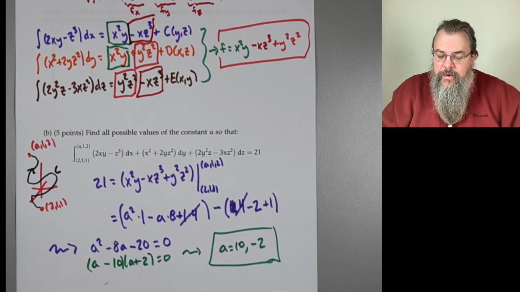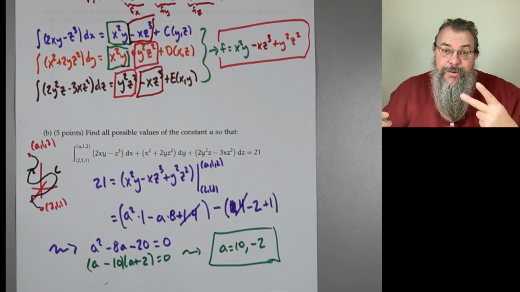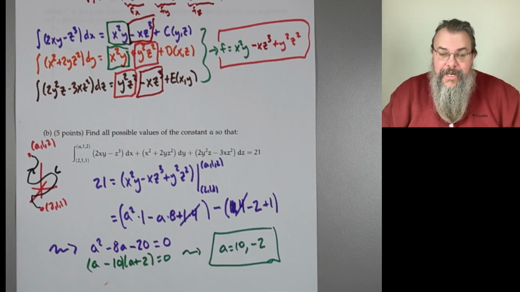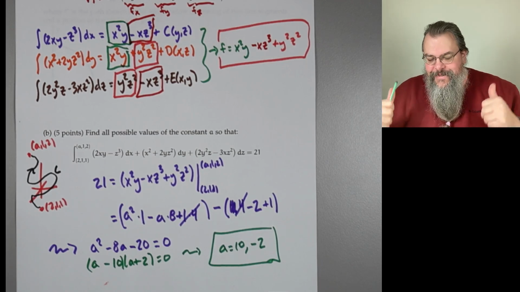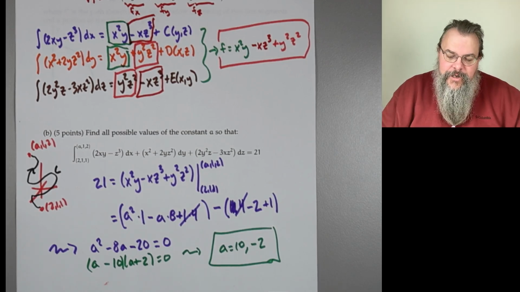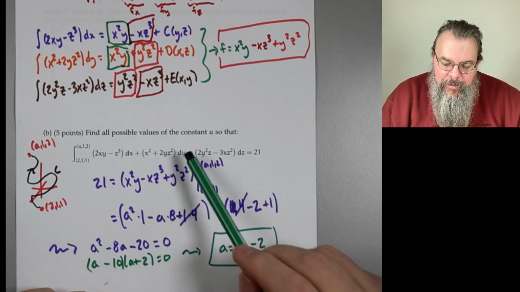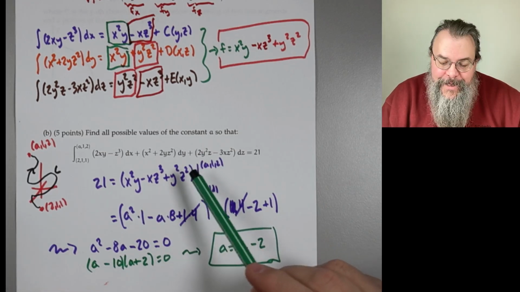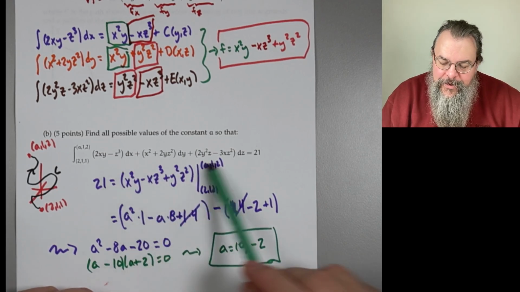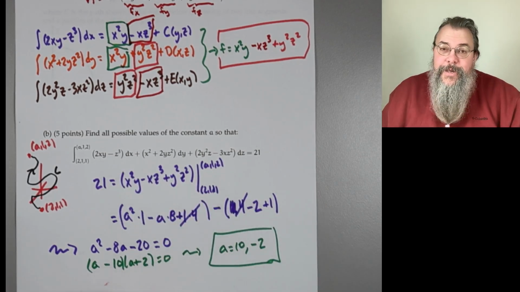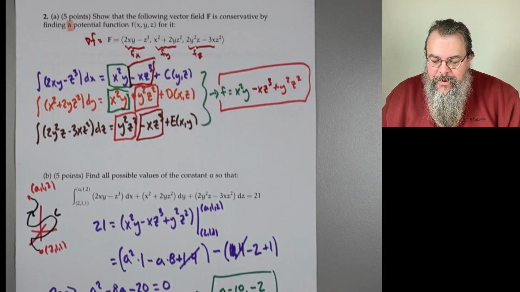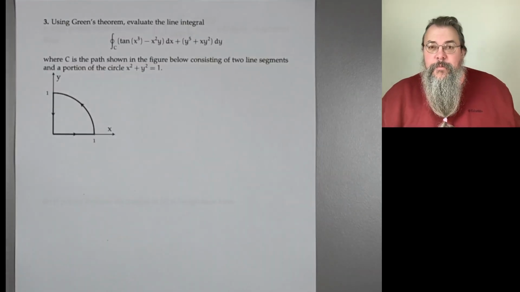So it turns out for all possible values, there were two of them. And there they are, 10 and negative 2. Woohoo! Nice, fun. And of course, the main thing here, fundamental theorem of line integrals. Look for those conservative functions, then you don't need to worry about endpoints. That's good. But more problems to do.